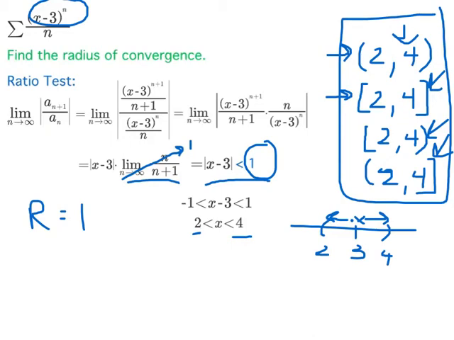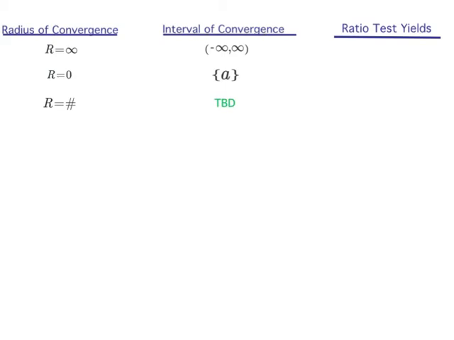Okay, so I just want to recap a little bit. This is from our first video. We talked about different possibilities for the radius of convergence and the interval of convergence. I want to talk about what the ratio test will yield in each of those cases. If my radius of convergence is infinity and the interval of convergence is from negative infinity to infinity, that means it's convergent for all values of x.